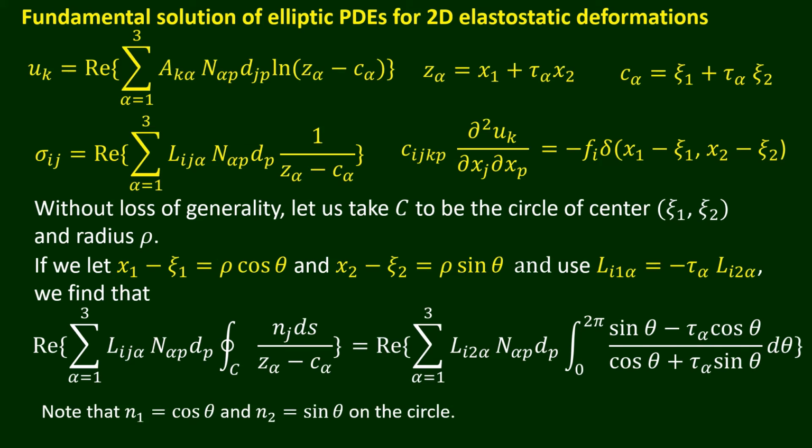Note that n1 equals cos θ, and n2 equals sin θ, on the circle.